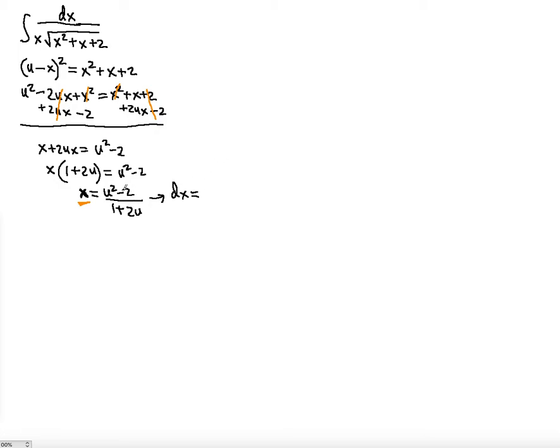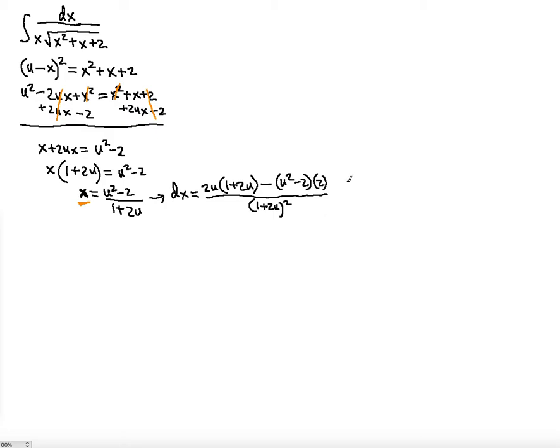First differentiate the top, 2u, and the bottom is untouched, minus the top intact, u squared minus 2, and then the bottom differentiated, which gives you just 2, divided by the denominator squared.